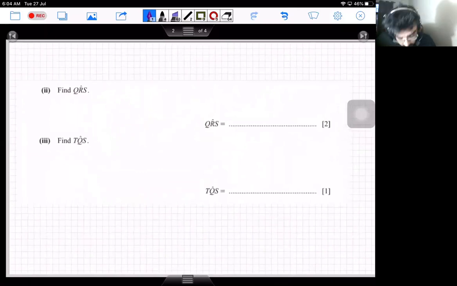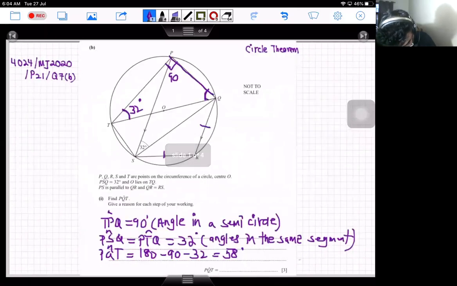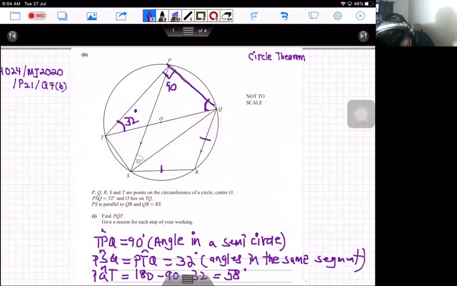Find the angle QRS. First of all, what you know is that the lines RQ and RS are equal. So the angles opposite to these lines are also equal.